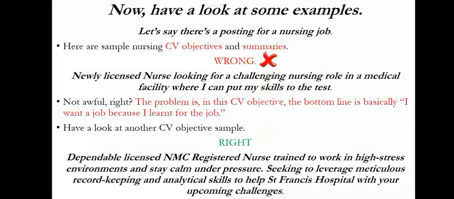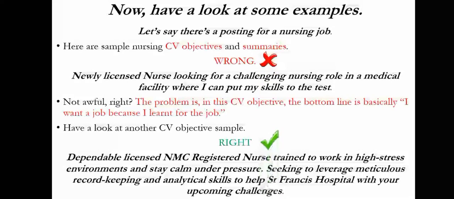Now, the right way to write such an objective or summary is this: a dependable licensed NMC registered nurse trained to work in a high-stress environment and stay calm under pressure, seeking to leverage meticulous record-keeping and analytical skills to help St. Francis Hospital with your upcoming challenges.